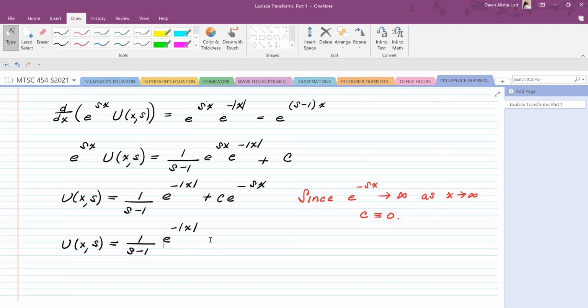There is a formula for that. That is e to the at.